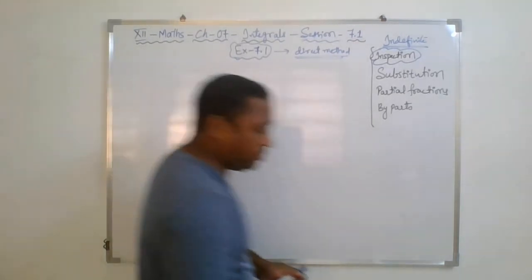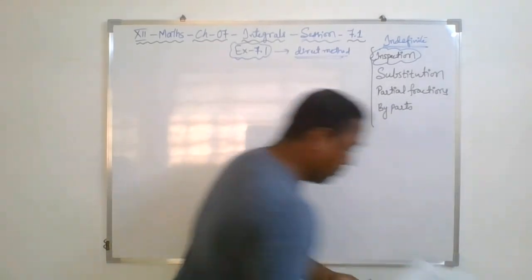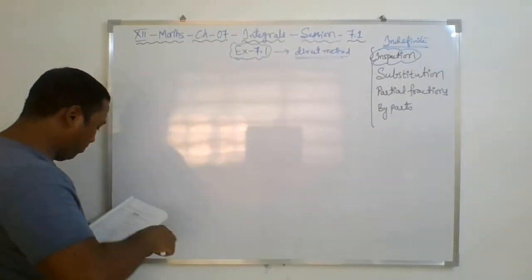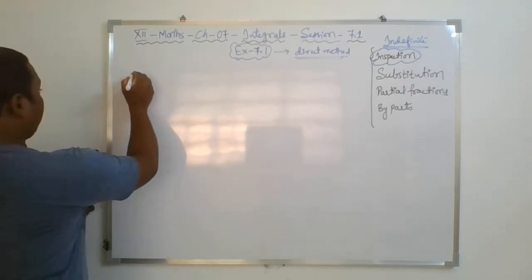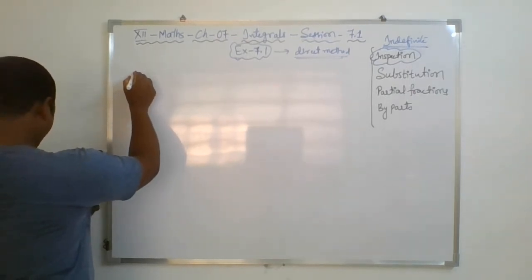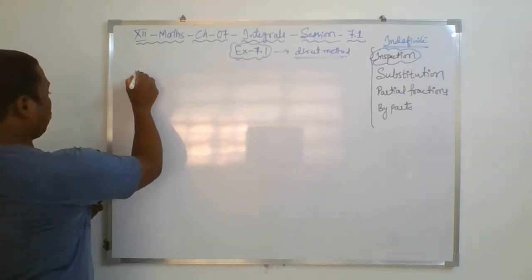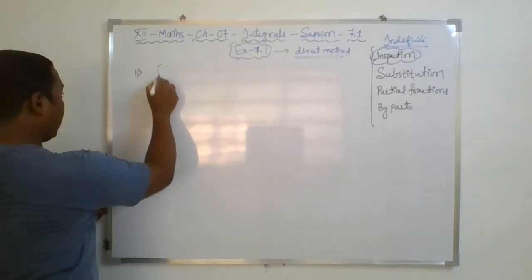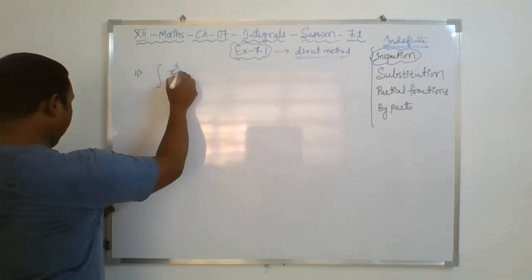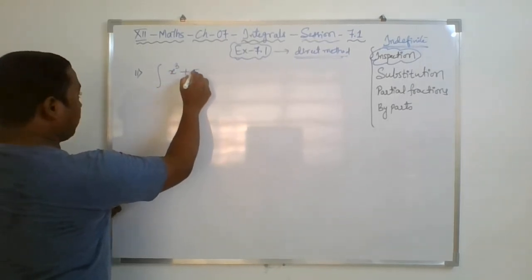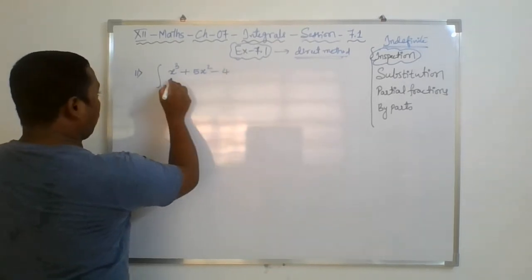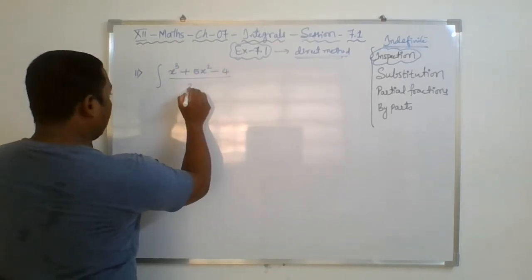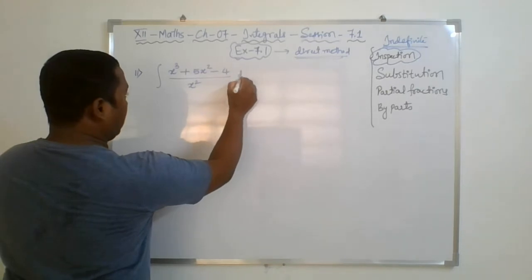So first, I'm taking question number 11. I'm taking the integral of x cube plus 5x square minus 4 upon x square dx.